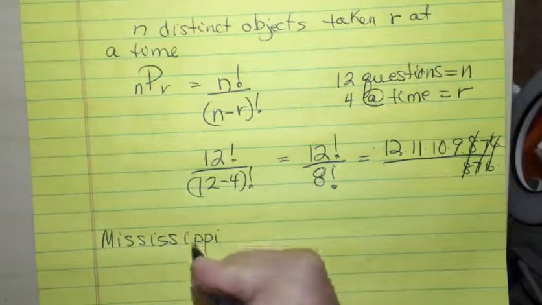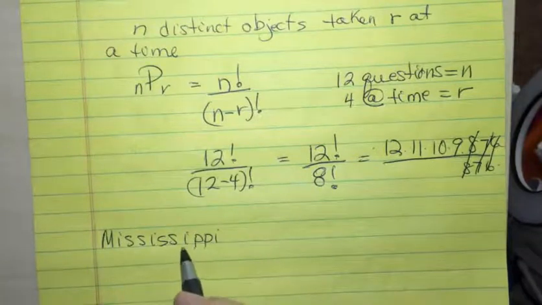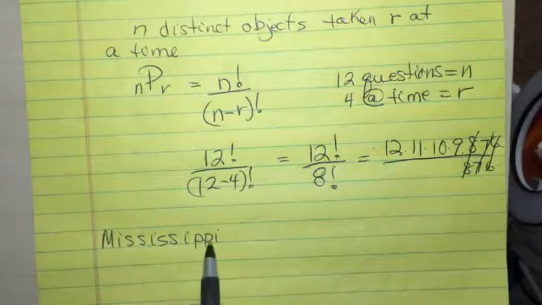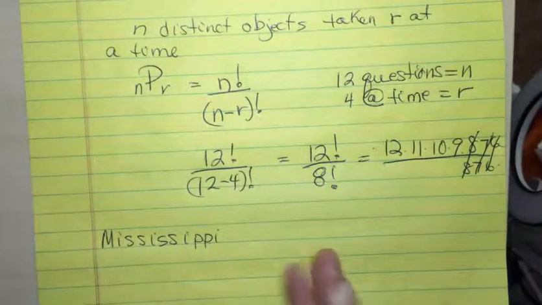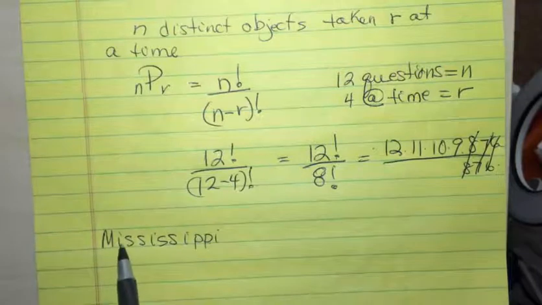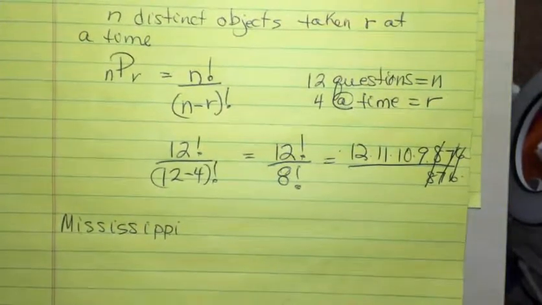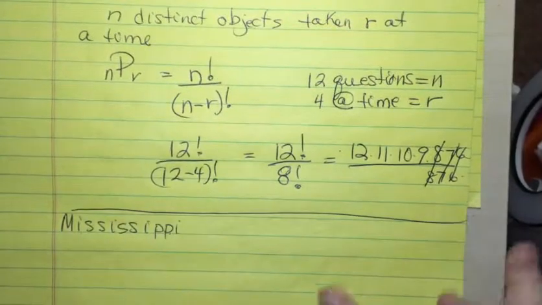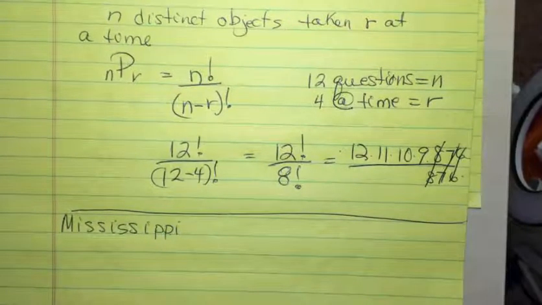So it says, how many different ways can these letters be rearranged? Well, these 4 I's, they're not unique. So me switching those 2 I's, it doesn't really make a difference. So we have to add an extra layer to this. We need to figure out the number of permutations, but then we need to divide it by those repeats. So this is how we're going to do it.